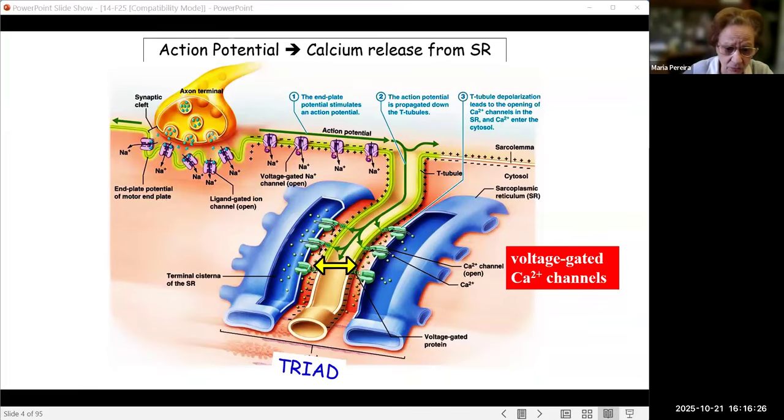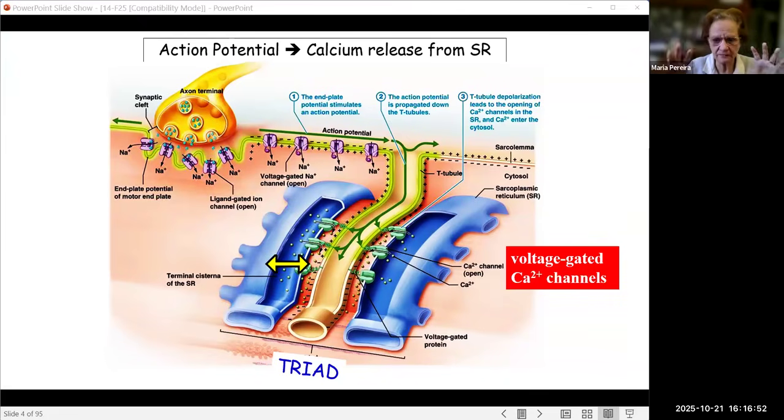And you see here there's a receptor known as dihydropyridine, or DHP. When it's activated by the voltage, by the current going down the T-tubule, it causes these calcium channels on the sarcoplasmic reticulum to open.